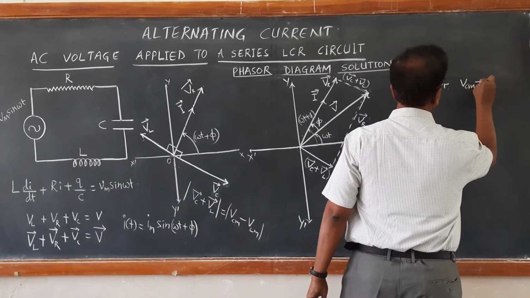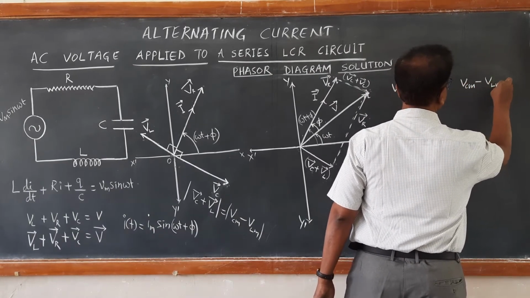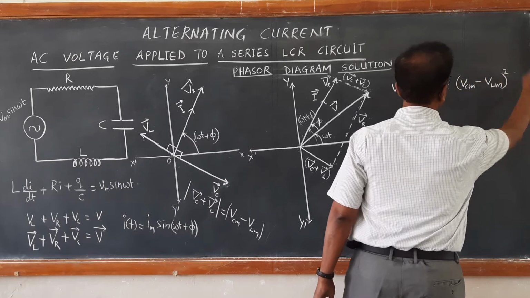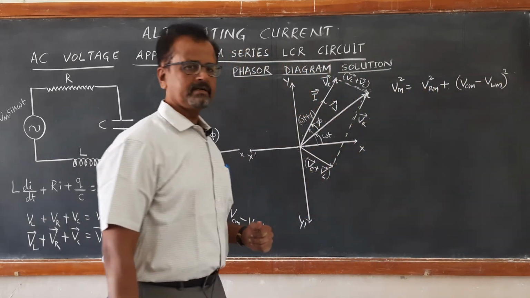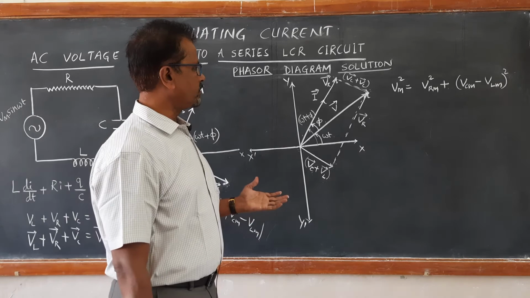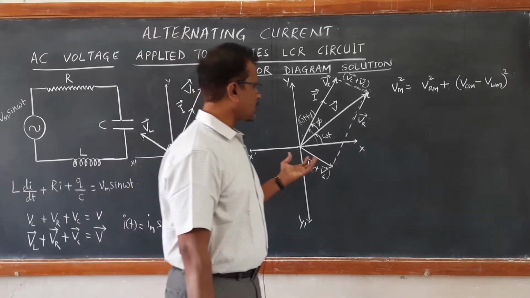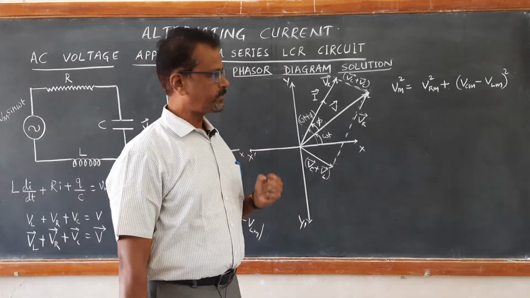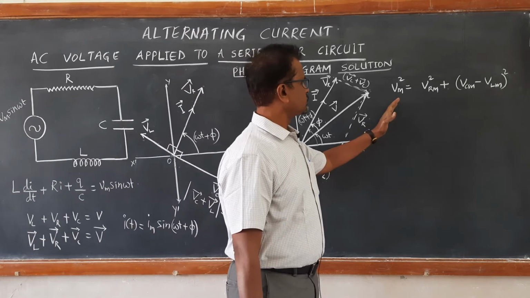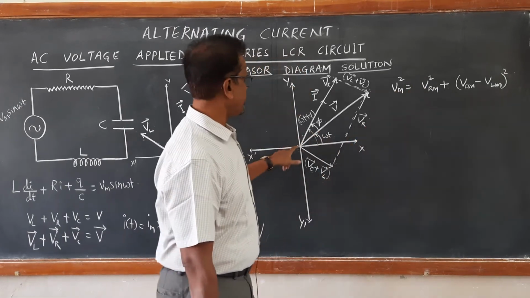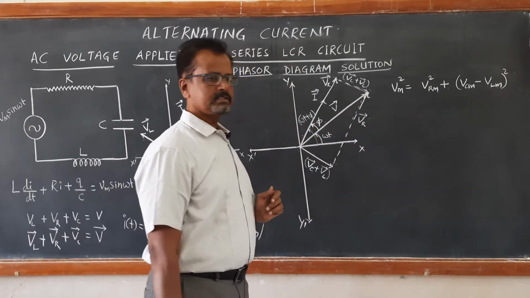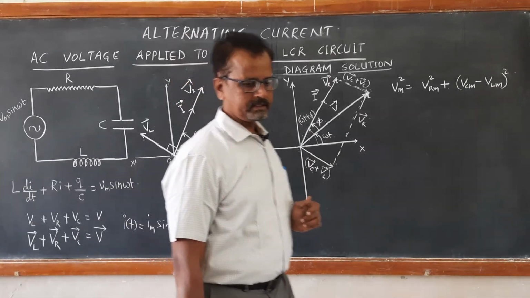Very interesting. So the square root of this gives us the magnitude of the resultant voltage V, right.